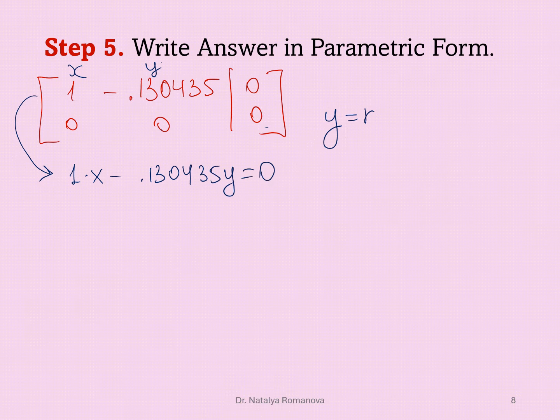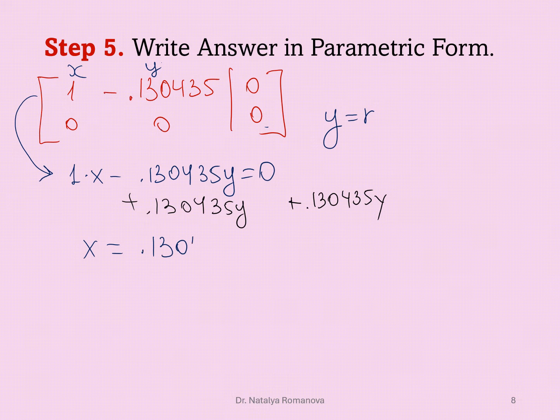Our goal is to express x. So we must add 0.130435y to both sides. Now we have x equals 0.130435y.